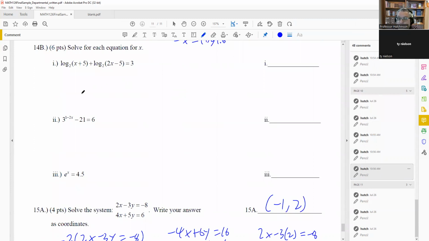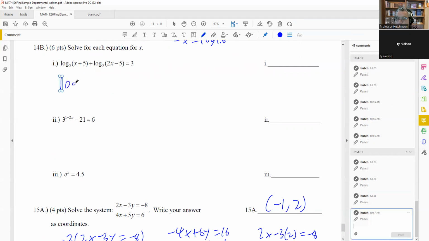All right, so 14b is going to have 3 parts, 1 log, and then 2 exponentials you're going to solve. The one we did yesterday had a minus sign in it, so now we're going to do one with a plus. You want to make sure you know how to do both kinds, either a minus or a plus. So let's do the plus one next.